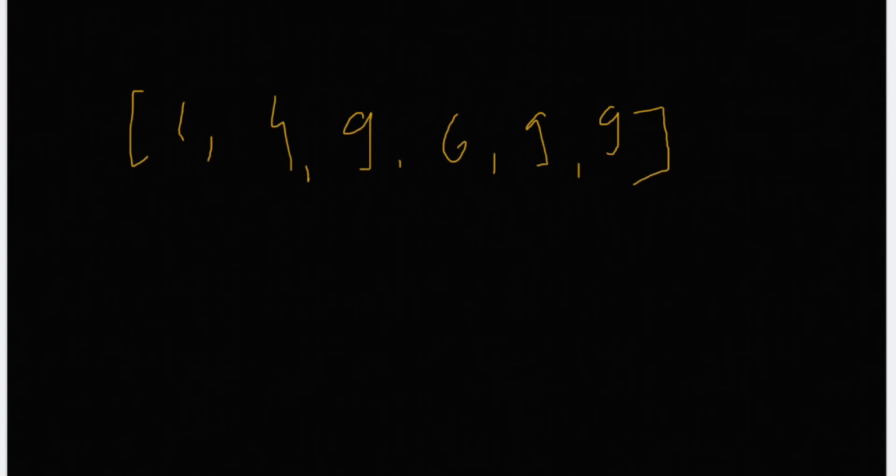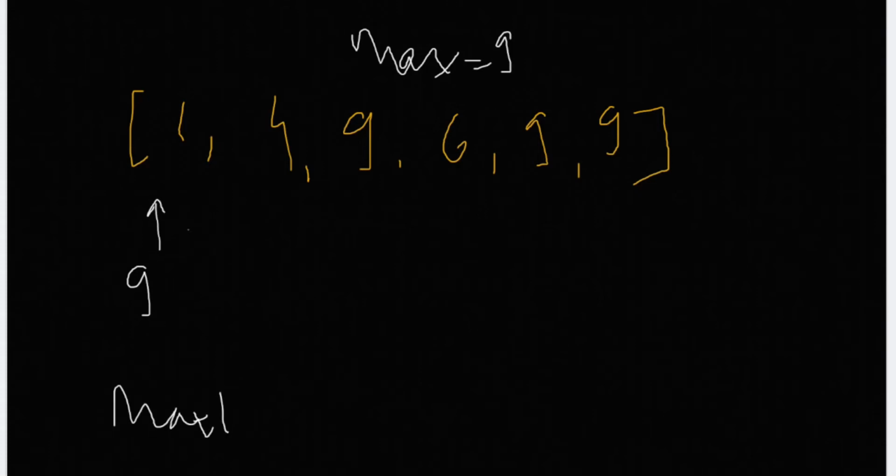So I need to iterate through this very array. I know that my maximum element is 9. So what I need to do is iterate through my array, and check if the element that my pointer is pointing to is 9 or not. If it's not 9, then I'll just move on. Otherwise, I'll have a maximum length variable, which is currently 0, and a resultant, which is also currently 0.